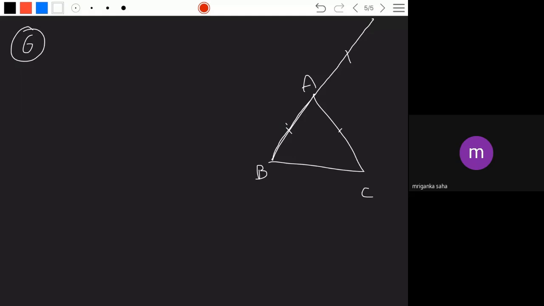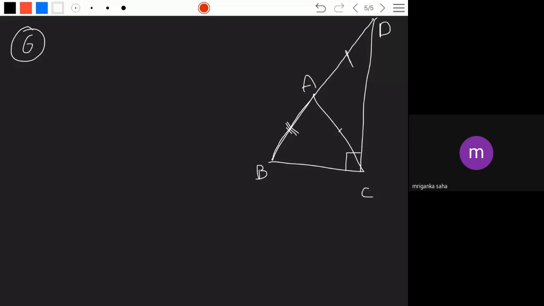These two parts are equal. Join CD. Show that angle BCD is a right angle. This is 90 degrees. You need to prove it.